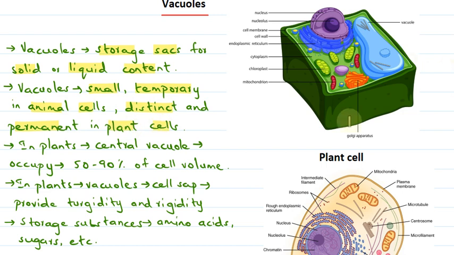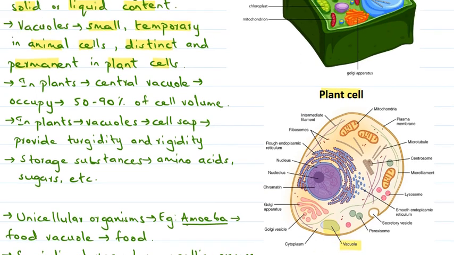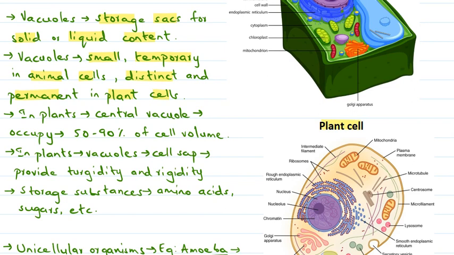Here we can see a diagram of a plant cell and this is the vacuole. If we look at the animal cell, this is the vacuole, small and temporary, but in the plant cell it is distinct and permanent.